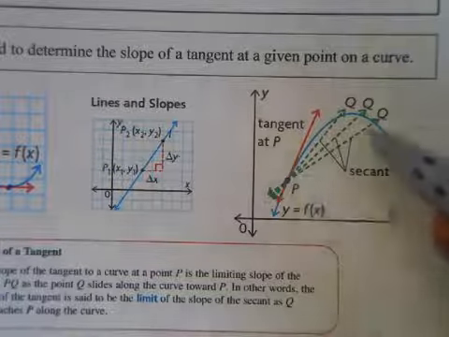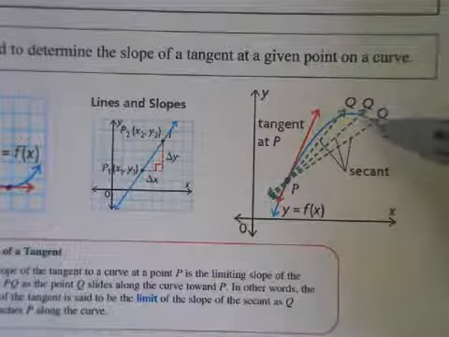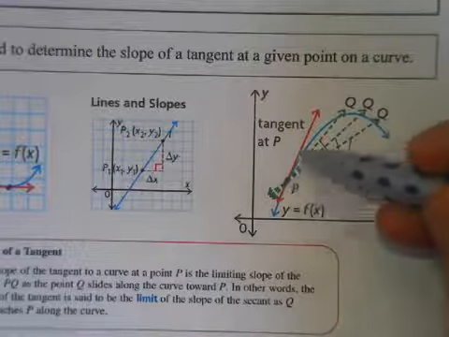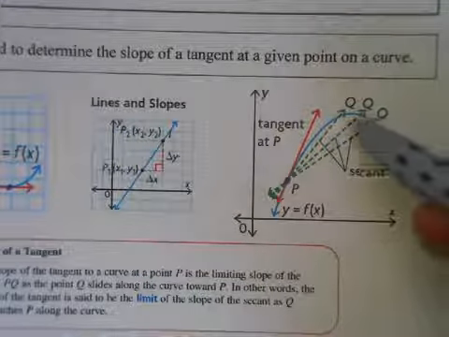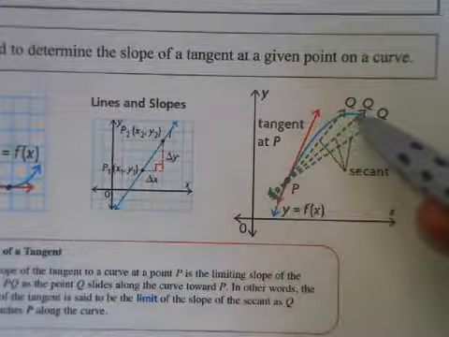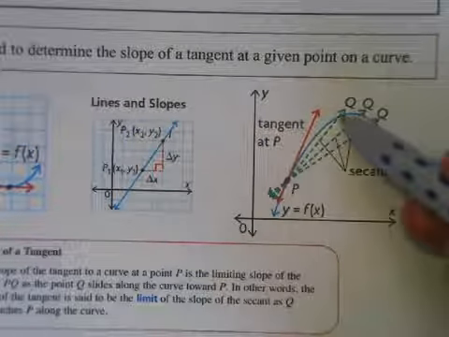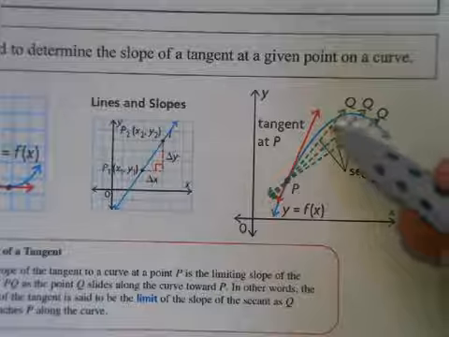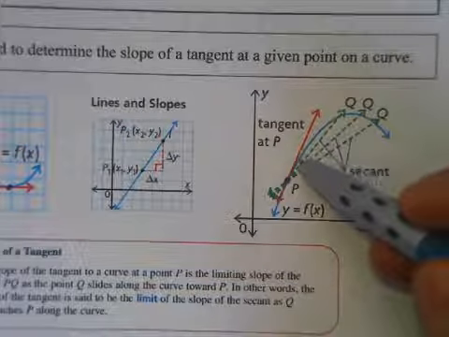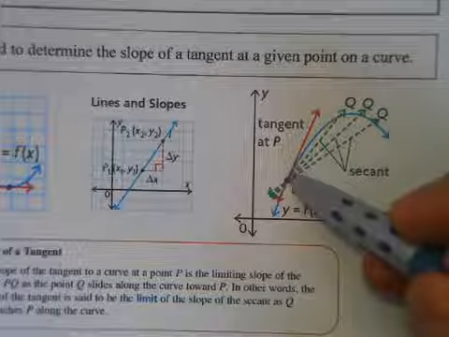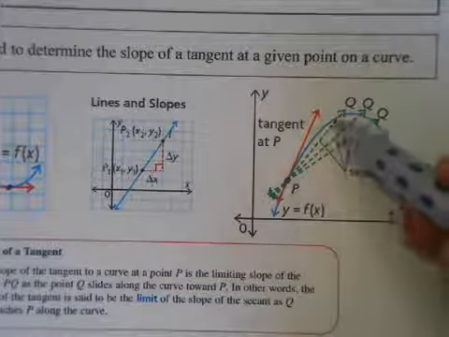But you can see as Q becomes closer and closer to where P is on this curve, for example if I change Q to over here, there's my new secant, and that's getting closer to the tangent. And if I change it to that Q, it's getting closer. You can imagine as I move Q closer and closer down to P, as that distance approaches 0, that secant turns into a tangent.